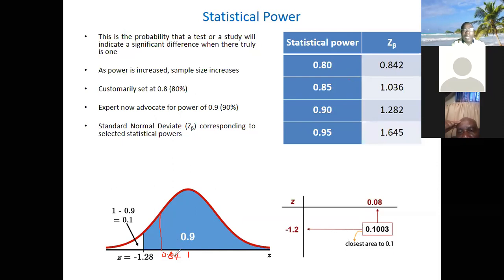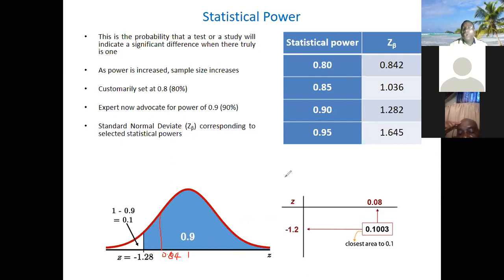So when we are talking of beta, the beta is here, the smaller part. If we say that 1.96 Z corresponds with alpha, the level of significance, this one corresponds with the beta.